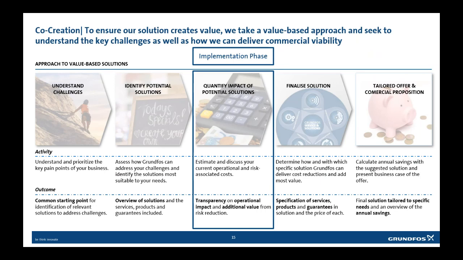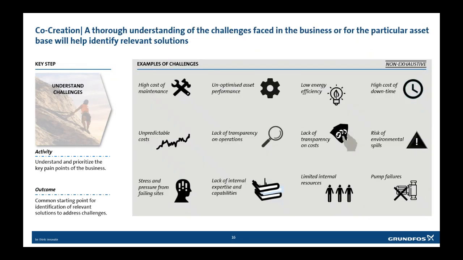So implement at a much earlier phase. And that allows both the provider, Grundfos in this case, and the user, the utilities, to understand the true value and impact from the offering before we finalize the solution. And that may sound very simple, but in practice is quite a difficult thing for people to comprehend when they're very, very used to a linear transaction model.